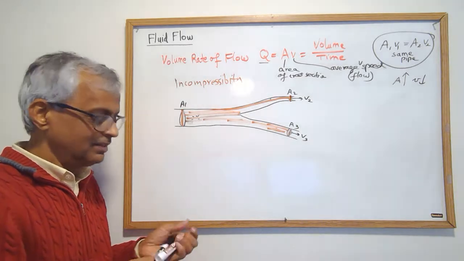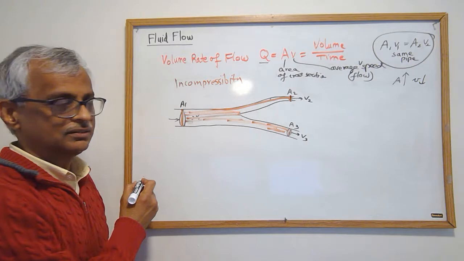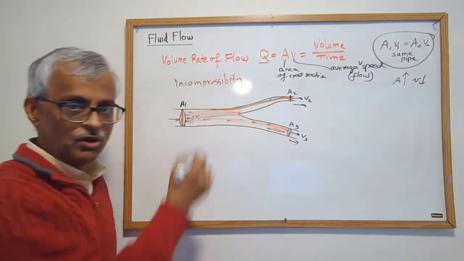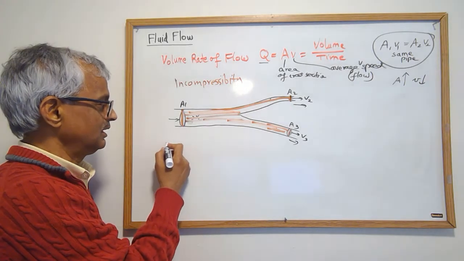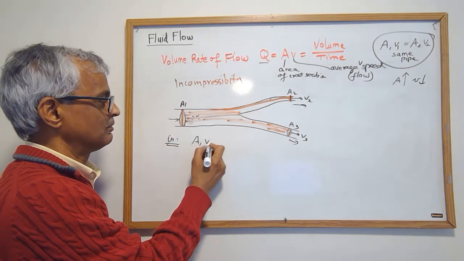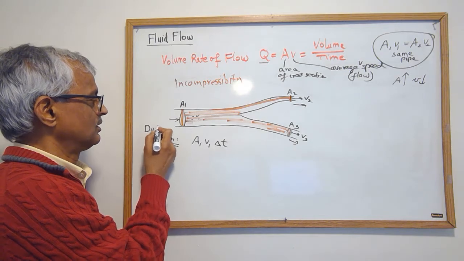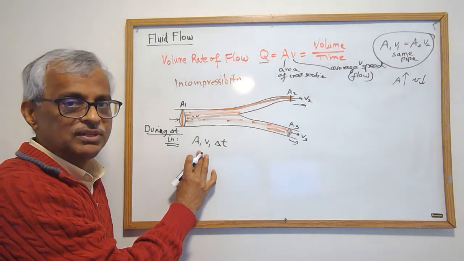That means anything that comes in must equal the sum of all the things that go out. So the amount that comes in is A1 V1 delta T, say during delta T.